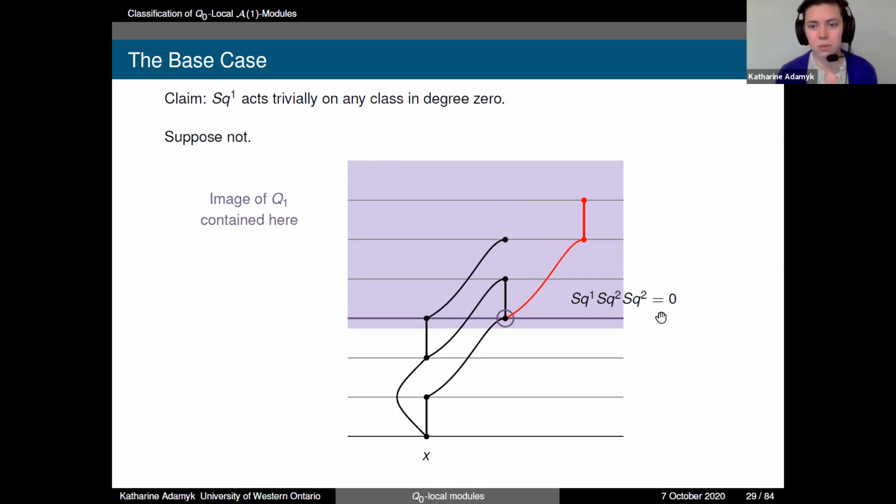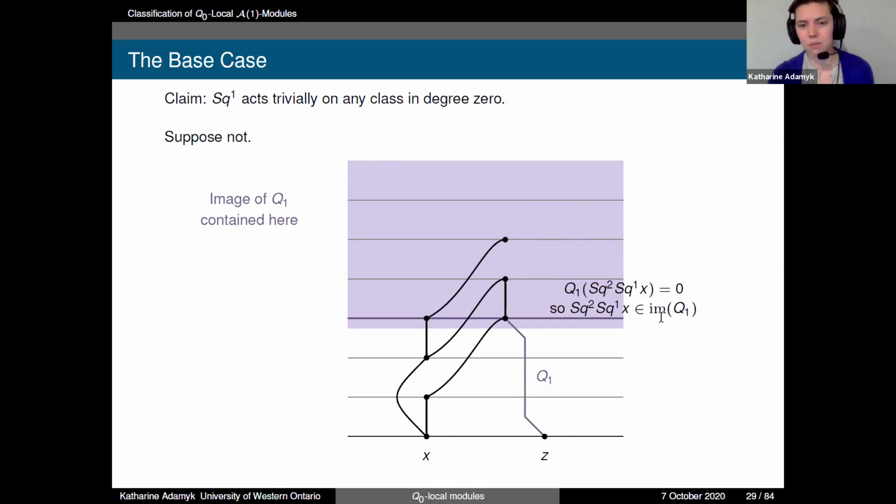And square 1, square 2 is always 0 for any A1 module. So this class that I've circled has to be in the kernel of Q1. In order not to get a Q1 Margolis homology class, that means it must be in the image of Q1. So I'm assuming there's some class in degree 0 that hits it.